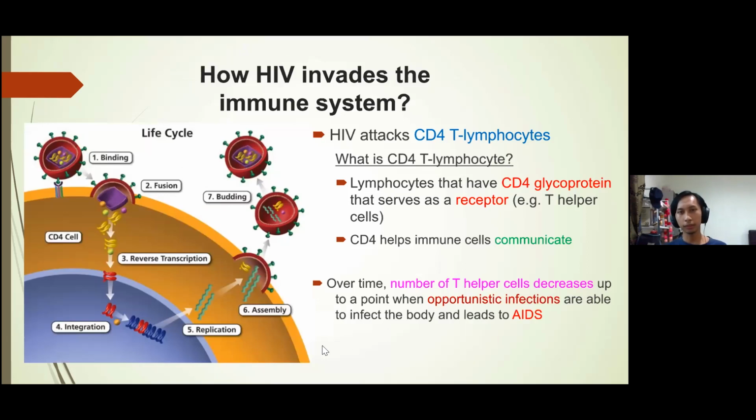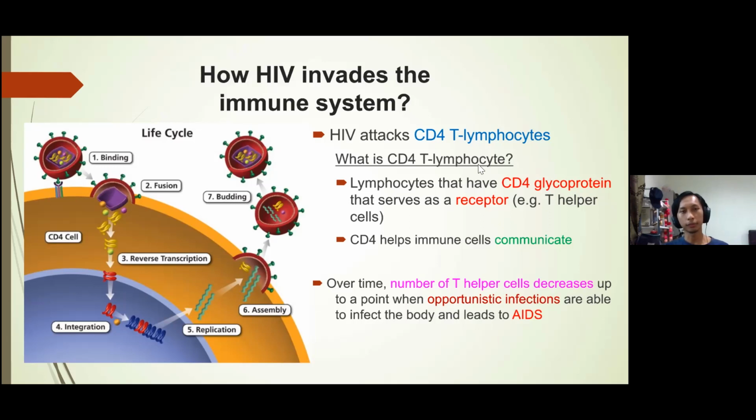So, how does HIV invade the immune system? To know how it invades the immune system, we have to know what the target cells are first. HIV attacks CD4 T lymphocytes. CD4 T lymphocytes are basically lymphocytes that have the CD4 glycoprotein that serves as a receptor.